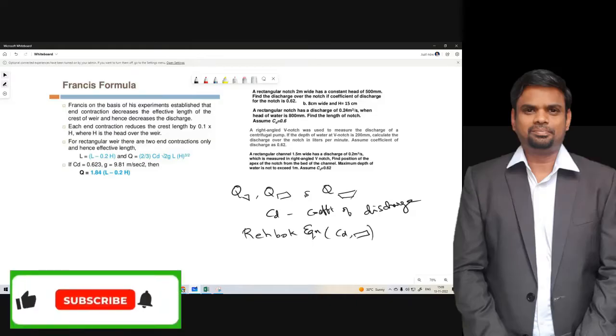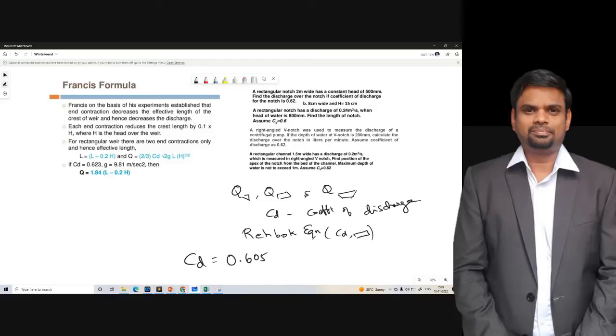So to find the CD of a rectangular notch, we have an expression CD equal to 0.605 plus 1 by 1000 H plus 0.08 H divided by P, where if you have a weir, a rectangular notch, the flow will be flowing like this.